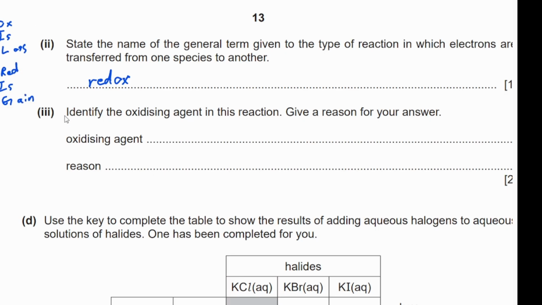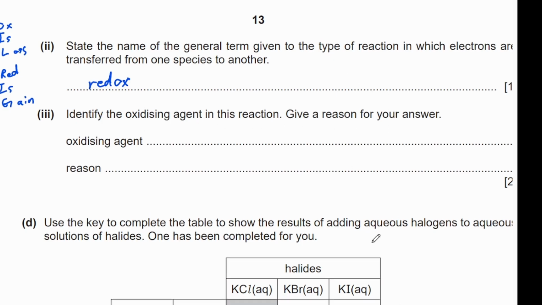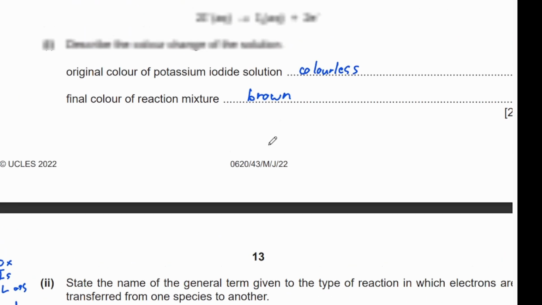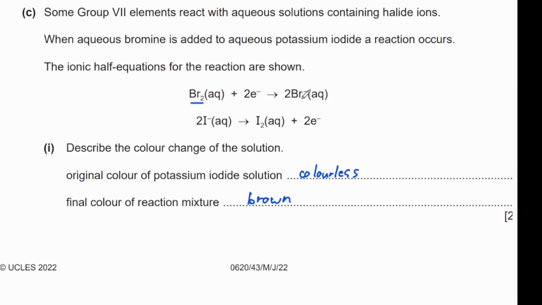Okay. Identify the oxidizing agent in this reaction. Give a reason for your answer. So we look at the half equation again. We can see that the bromine, Br2, is causing the iodide ions to be oxidized. So therefore, it's the oxidizing agent. The oxidizing agent is reduced, and we can see here reduction is gain.